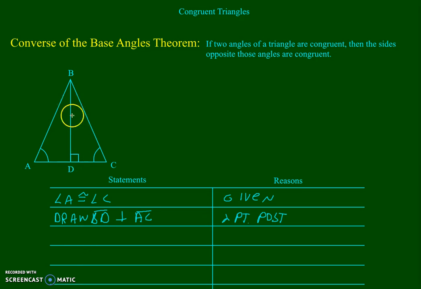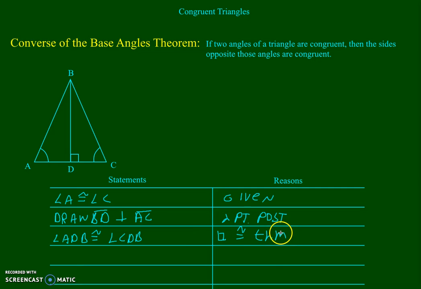Now that we know that this is perpendicular, we know that angle ADB is congruent to angle CDB. And this is going to be the right angle congruence theorem.